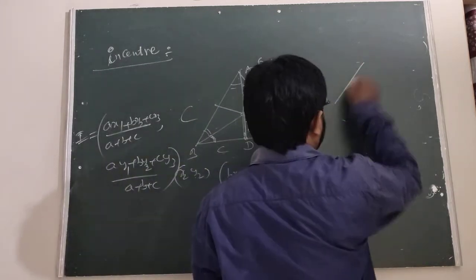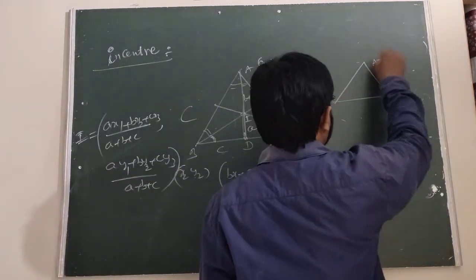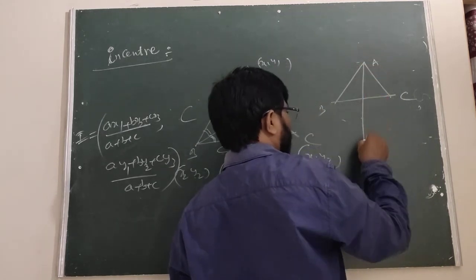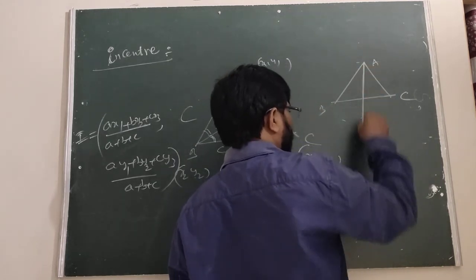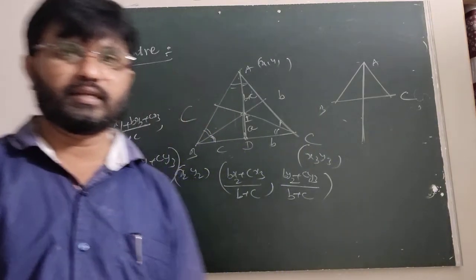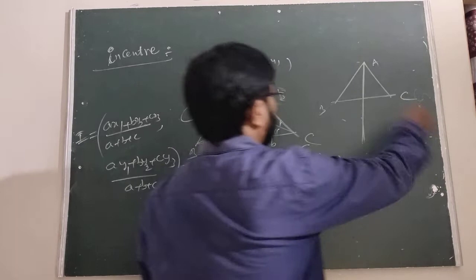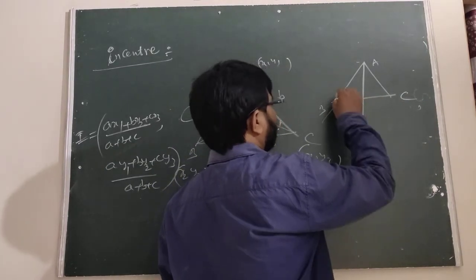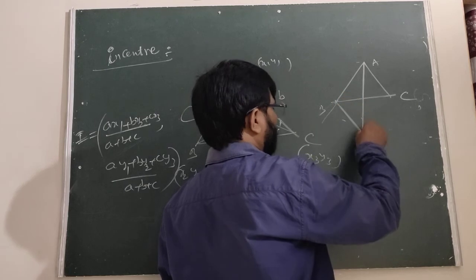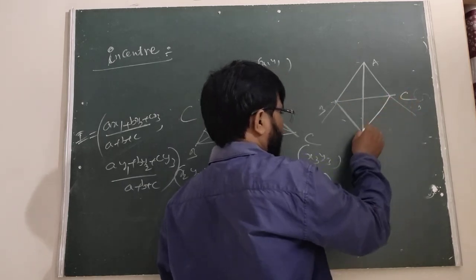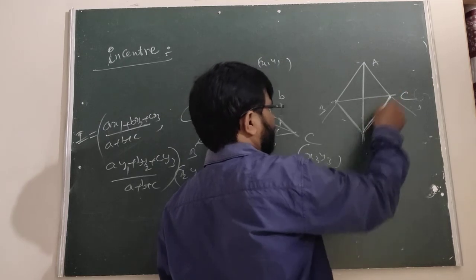Suppose this is A, this is B, this is C. This is the internal bisector of angle A, and these are the external bisectors of angle B and angle C.